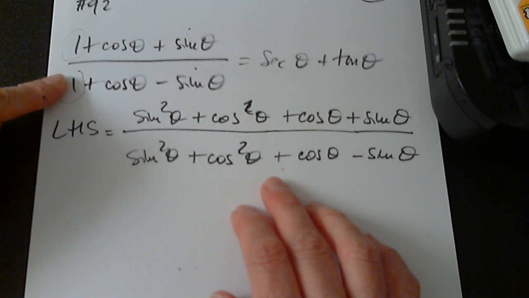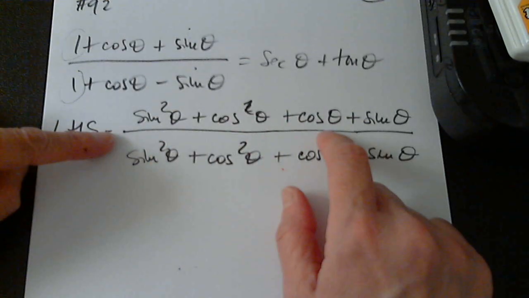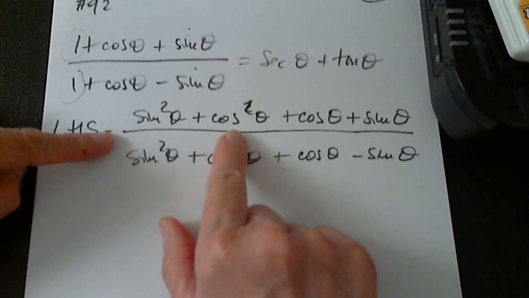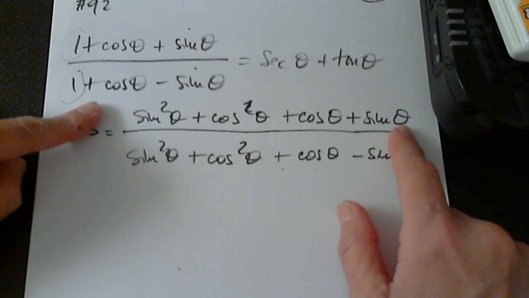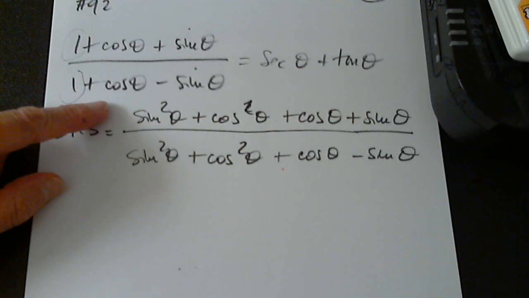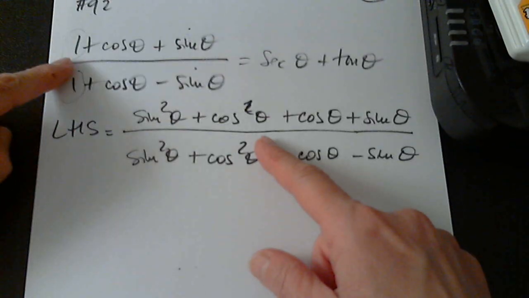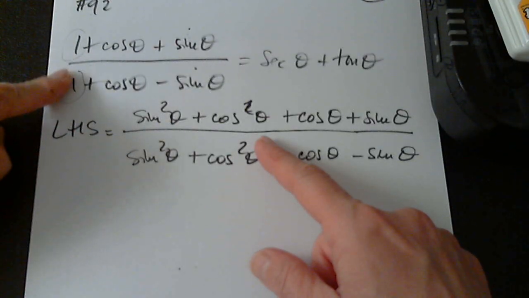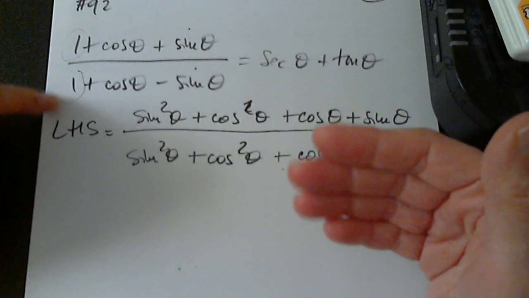So let's think some more. Can I use sine squared plus cosine squared? One plus cosine plus sine. Because we cannot simplify, we cannot separate the terms into different fractions.